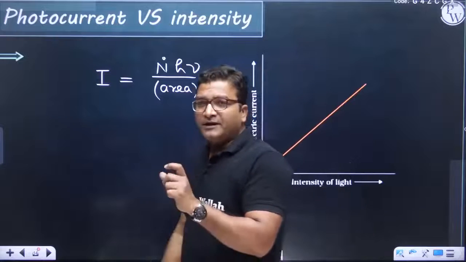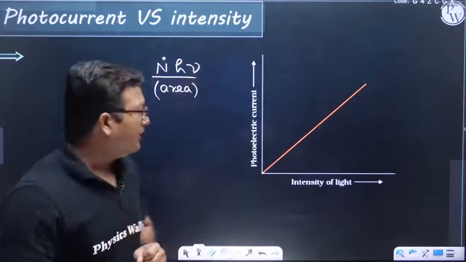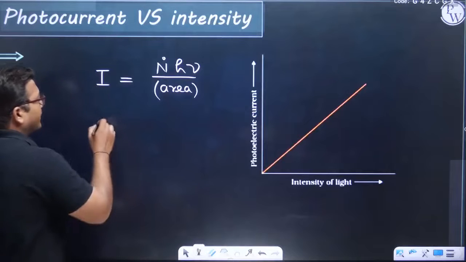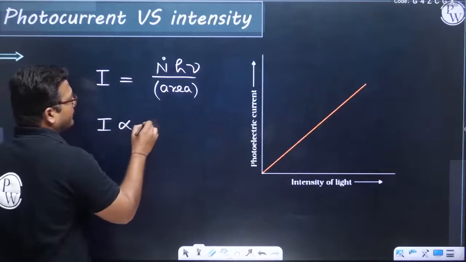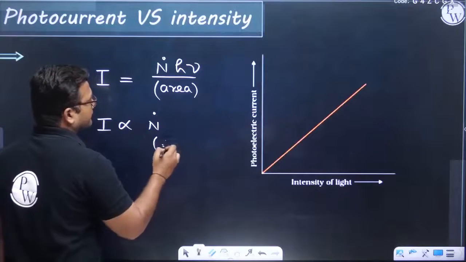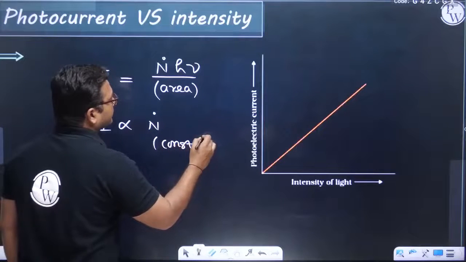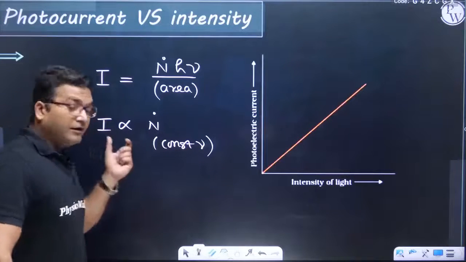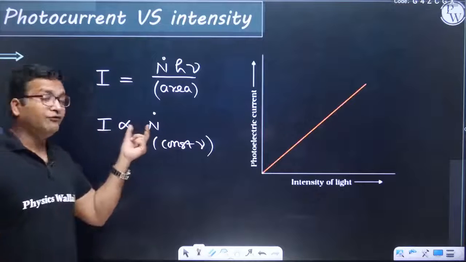So suppose I am keeping the frequency constant, we can say the intensity is only proportional to N dot. And for increasing intensity, we will have to increase N dot.